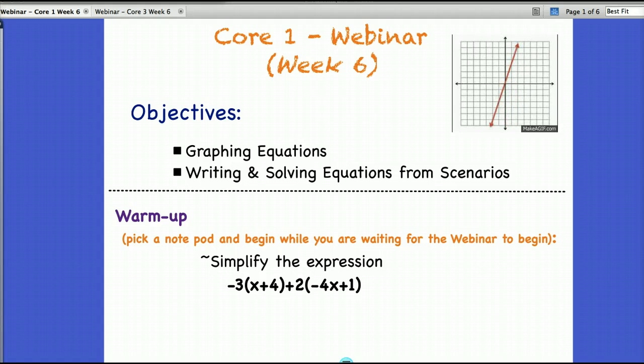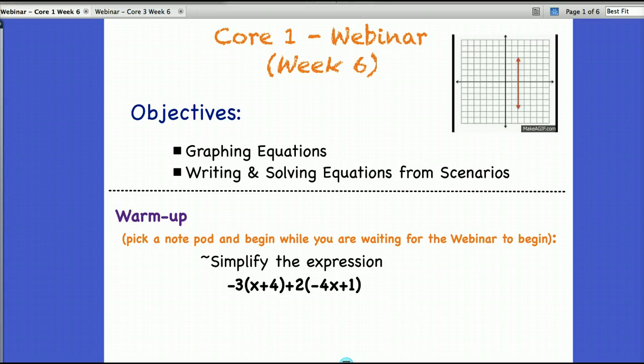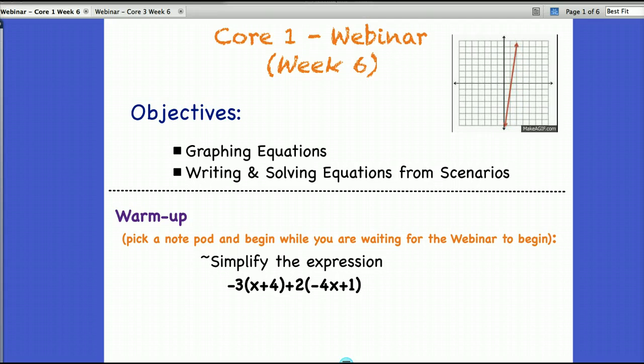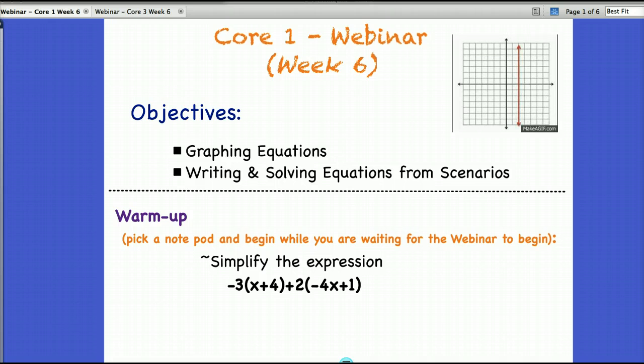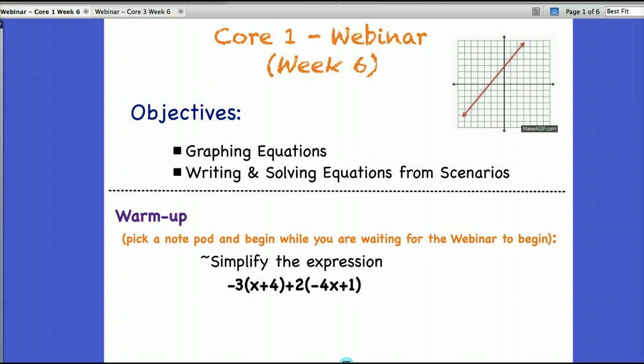Tashana, are you 1? Okay, so on yours, you did the negative 3 times the 4 and you got negative 12, so that was good. And then where did you get the 12 plus the 2? Oh, because the 2 times the 1? Yeah. Good. So you're just doing it differently, so that's perfect. So you got 12 as a term and 24 as a term. And then where did you get the 96?